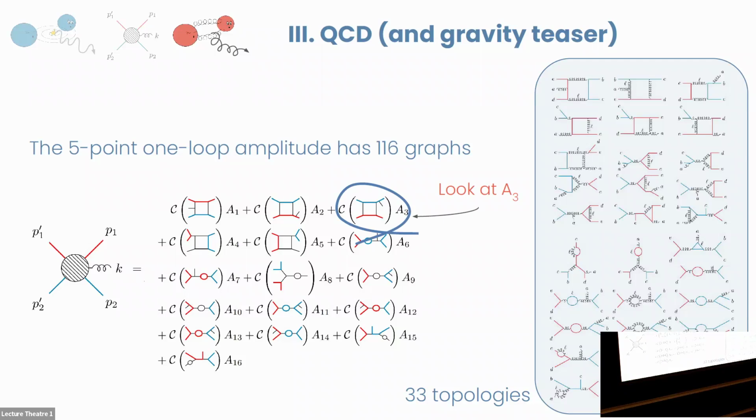Yes, okay. So now in QCD, you can at least take each partial amplitude and calculate it on its own. And what we found, which is of course not very surprising, is that some of these partial amplitudes are in fact the QED contributions. So let's take a closer look at this A3, this partial amplitude that I'm showing you here.